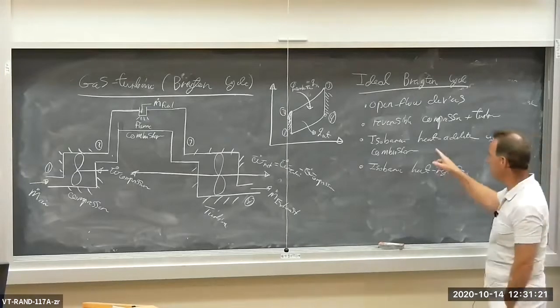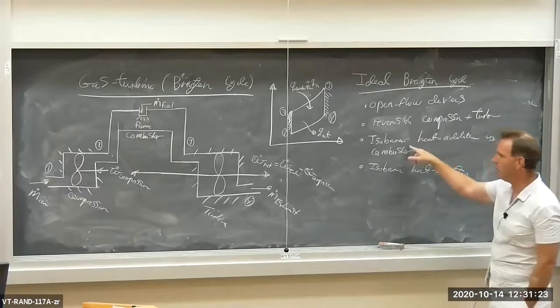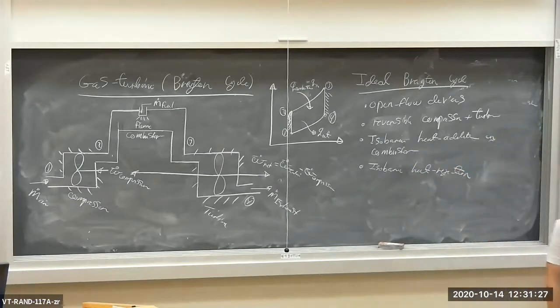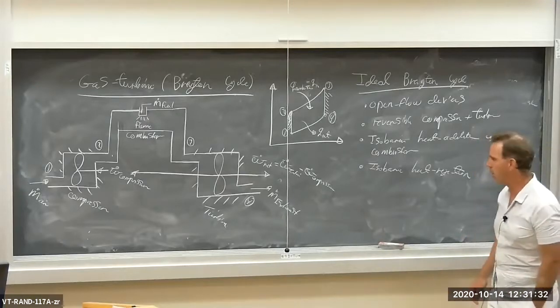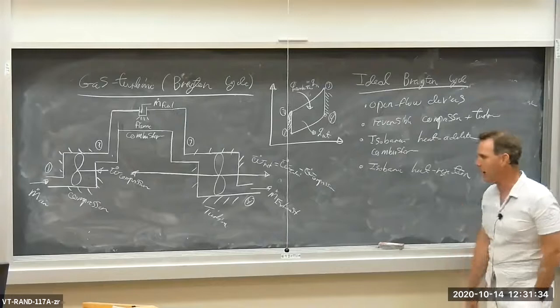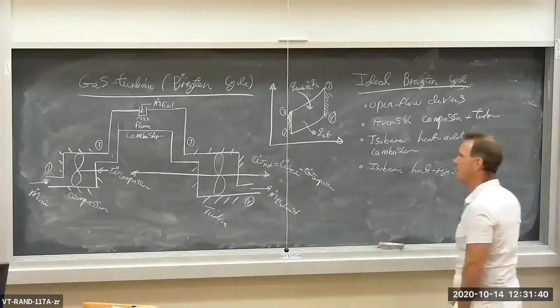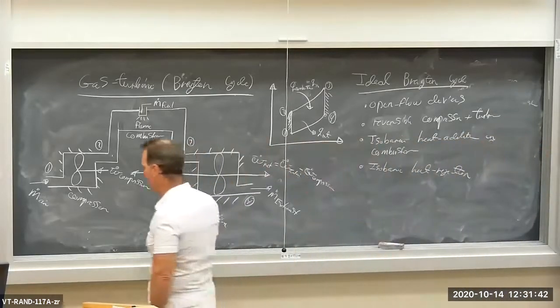The heat addition process in the combustor is isobaric. So we're injecting fuel into a chamber. The fuel is burning, releasing heat, and it's assumed that that occurs isobarically or nearly so. And then we have isobaric heat rejection going on in the environment. So those are the characteristics of the Brayton cycle.